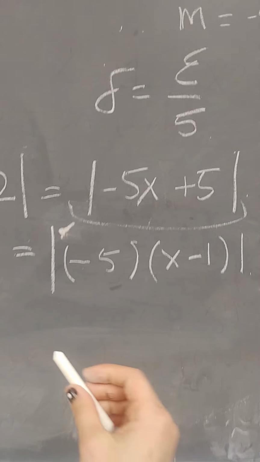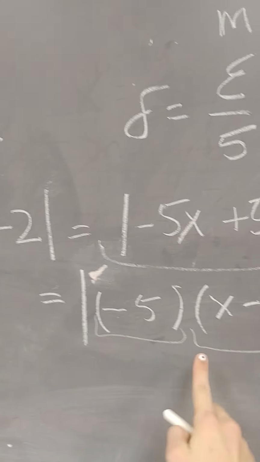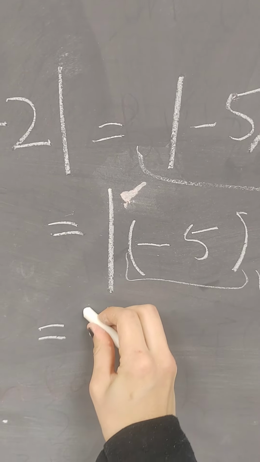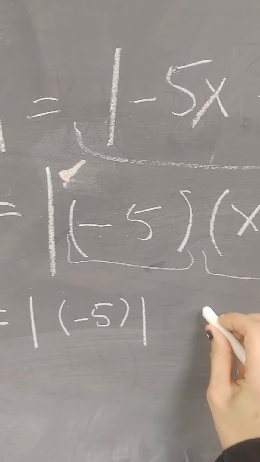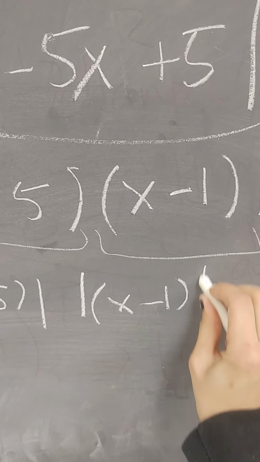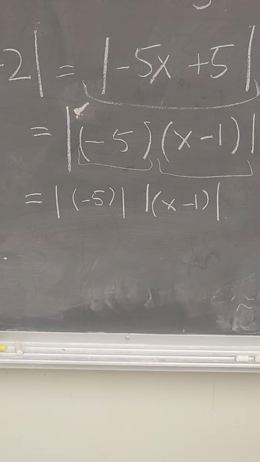So now because I have one thing times another, the absolute value splits across these two factors. And so we get the absolute value of negative 5 times the absolute value of x minus 1. This is one of the properties of the absolute value.